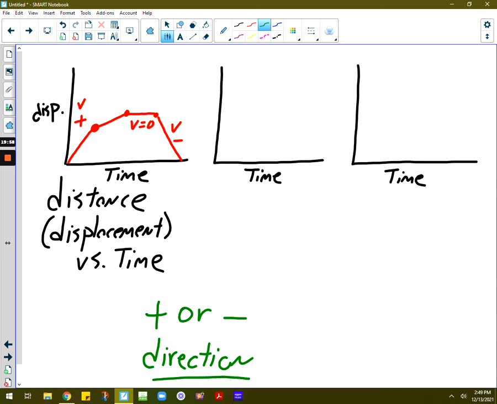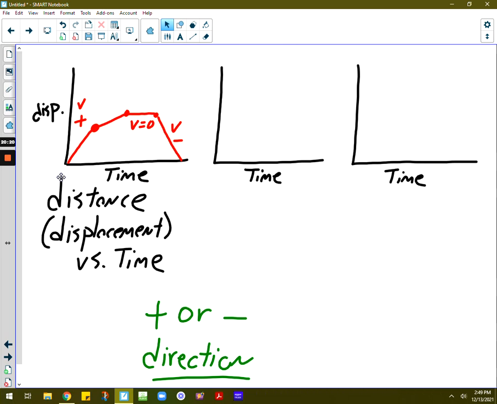So who decides what direction is positive and what direction is negative? You do, the physicist. Exactly right. As long as you've got a dimension where you've got this way and that way, one of those has to be positive, one of those has to be negative. Doesn't matter which one.